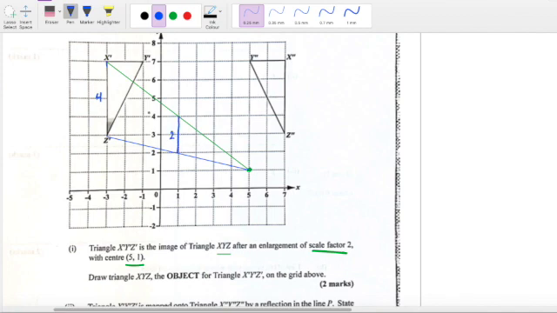So 2 times the scale factor 2 will give me 4, and that means that here to here will be 1 unit for the top, and we just join this here, and this here is actually XYZ.